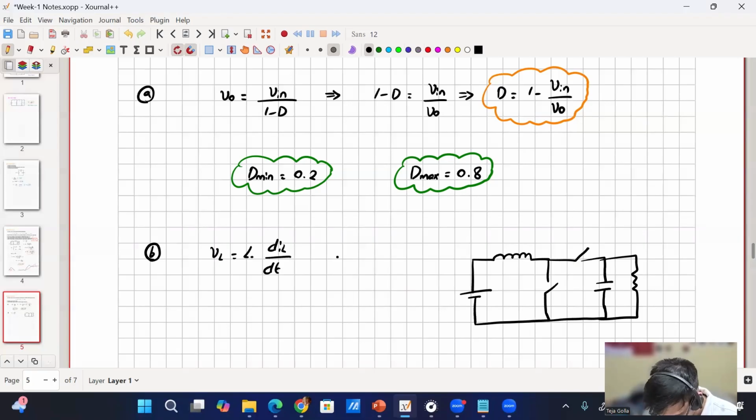I consider during D T. During D T, the voltage across the inductor is V in. So V in into D by L into Fs is nothing but delta IL. Is this clear?